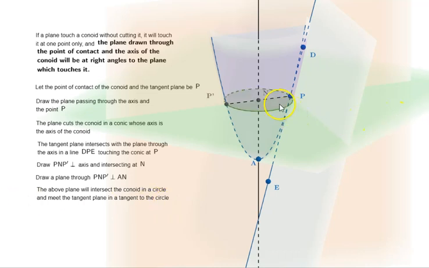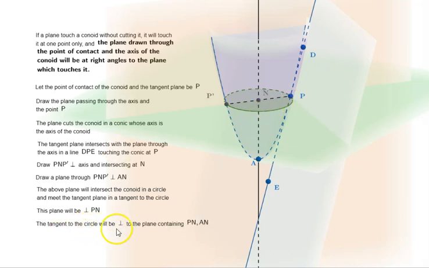This green plane is intersecting the conoid in a circle and it meets the tangent plane in a tangent to the circle. This plane will be perpendicular to PN. So this green plane is perpendicular to PN.